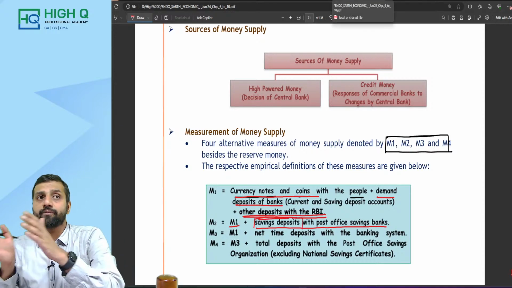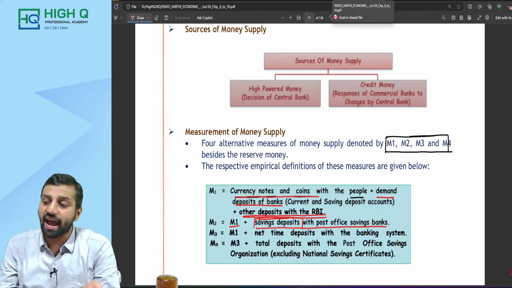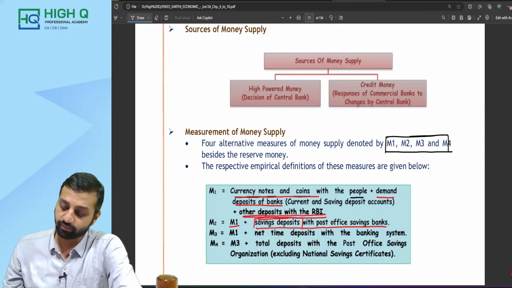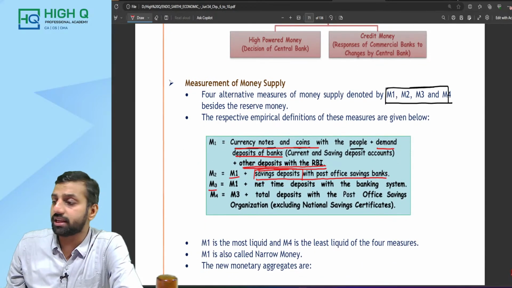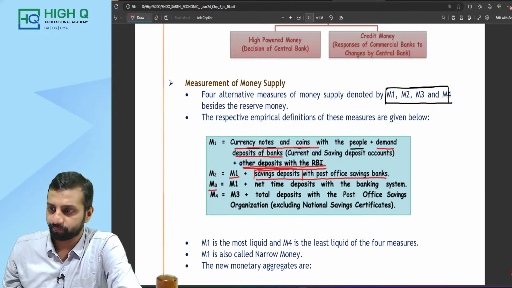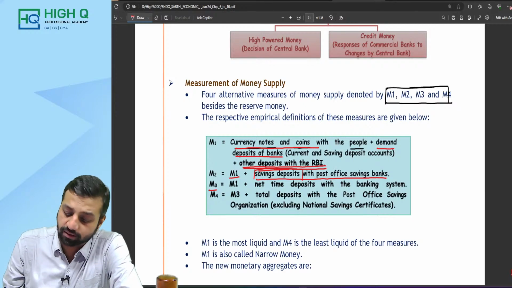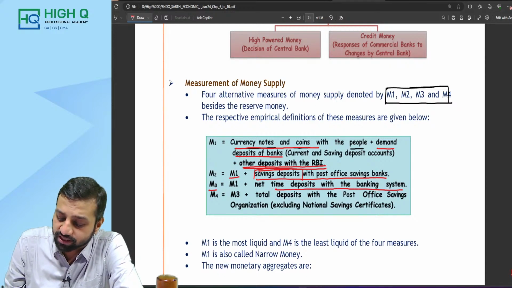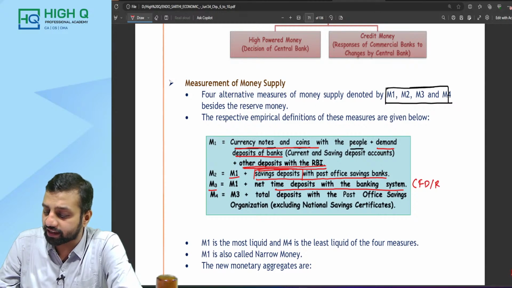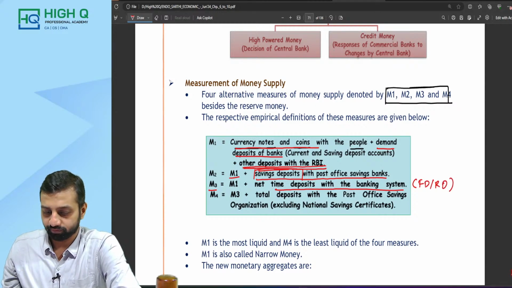So in M2, we add that part of the post offices. Then we have M3, which again only focuses on banking. So M1 plus time deposits with the banking system, like fixed deposit and recurring deposit.